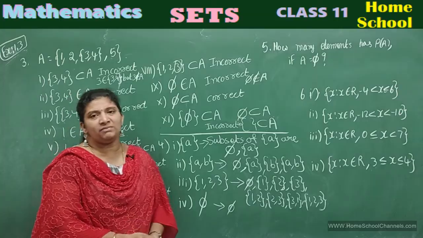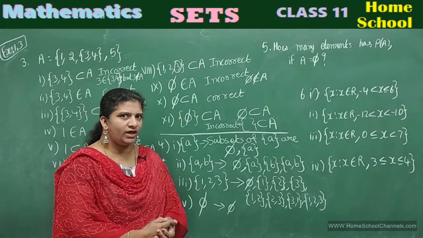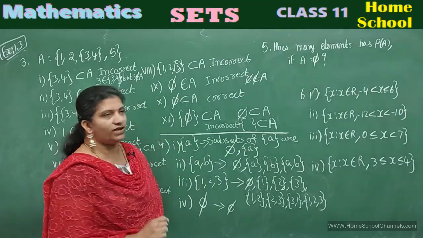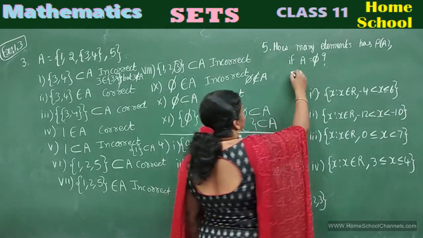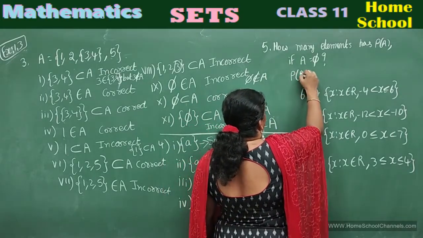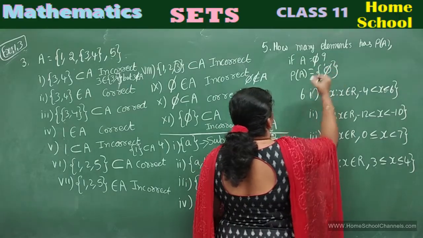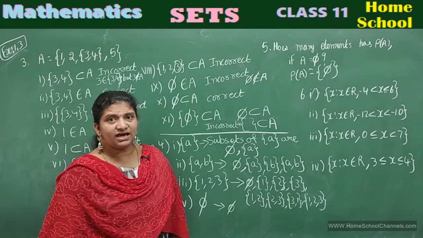How many elements has P of A? What is P of A? Power set of A. Right? Power set of A, where A set is the empty set. So power set of A, see here, all the sets you need to write, right? Only this I can write. So how many elements are there?